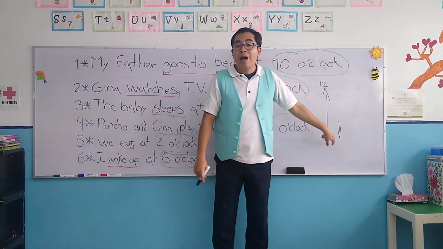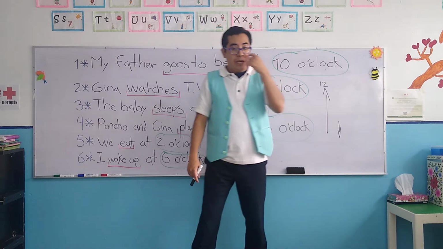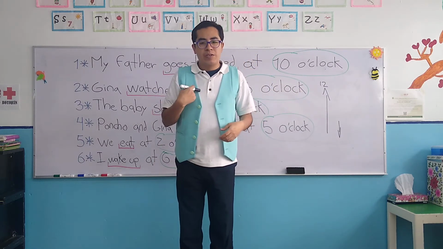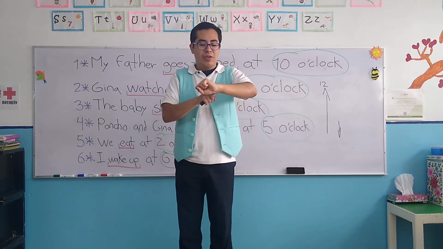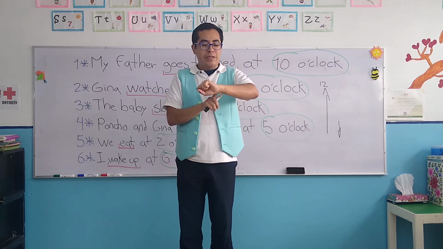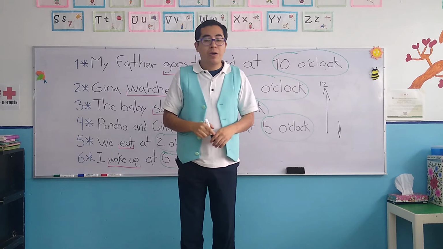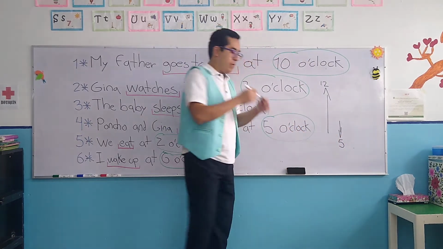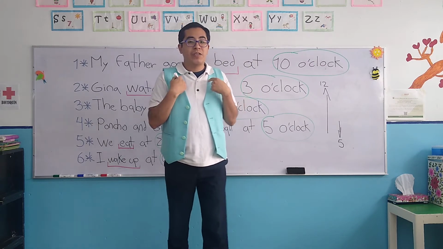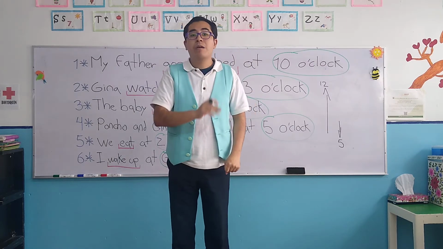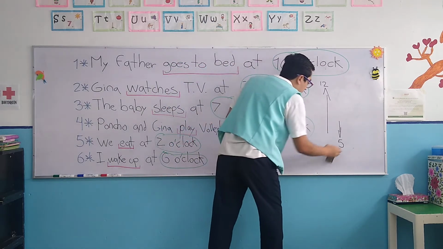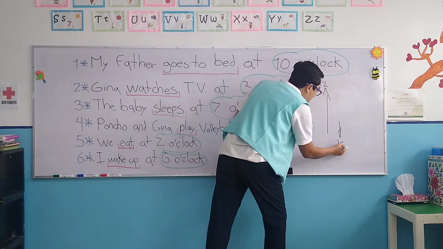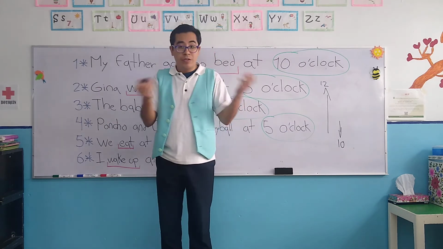And the small arrow is on any number according to the time. For example, if the teacher says, what time is it? It's 5 o'clock, we put it on the number 5. Or for example, if I say it's 10 o'clock, we put it on the number 10, according to the time.